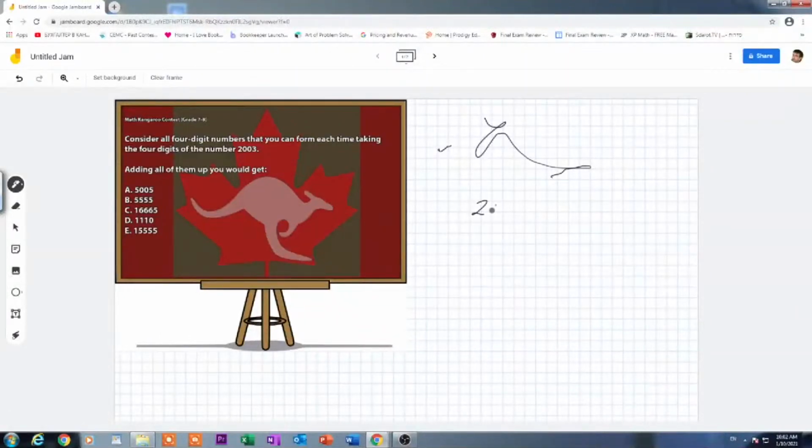So we can have 2003, 2030, 2300, right? Then we can have 3002, 3020, and 3200.